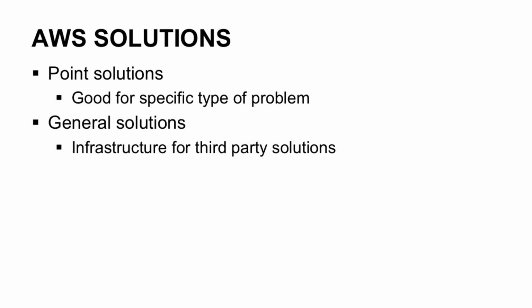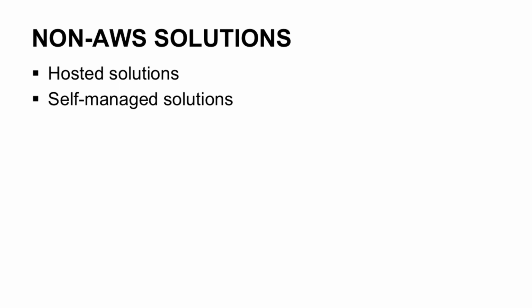If you're looking to work on really, really large data, terabytes and petabytes of data, you can also leverage Spark, which is a big data framework that also has machine learning tools and runs on the Elastic MapReduce service, which is AWS's Hadoop in the cloud solution. If you're looking for solutions outside of AWS, you can choose again between hosted solutions that you don't have to run infrastructure for and self-managed solutions.